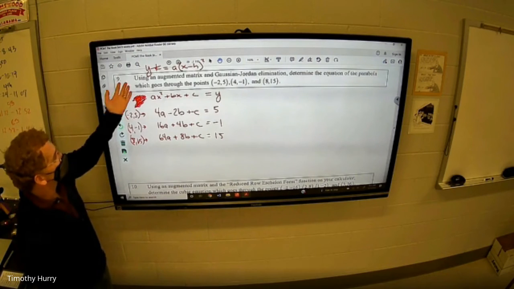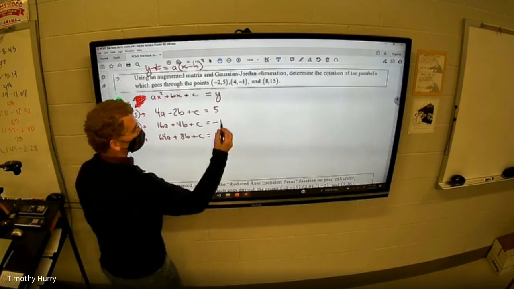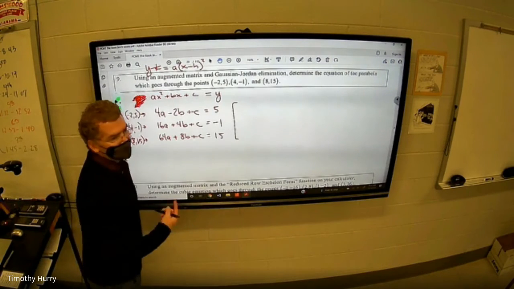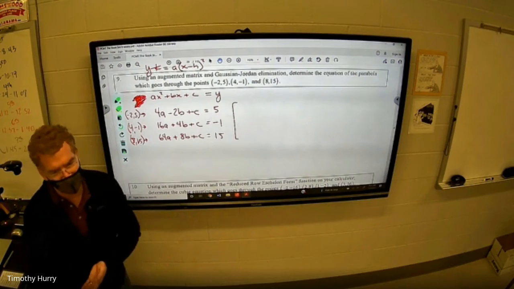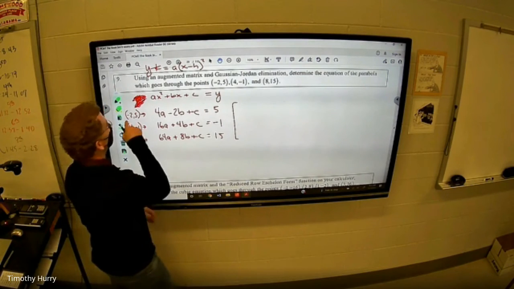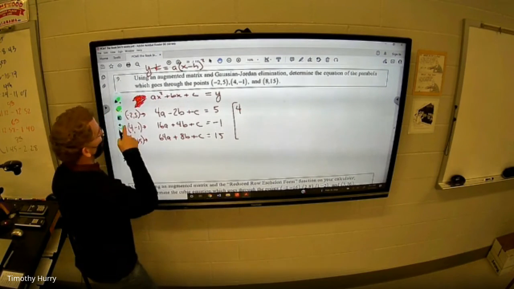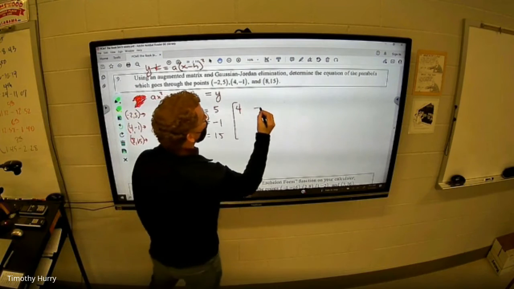And if this says using an augmented matrix, I have to turn this into what? Which, by the way, I think you could probably go straight to the augmented matrix if you're on your game, right? You probably don't have to write this. You could say, if I plug -2 in there, I get 4a. I plug -2 in there, I get -2b.